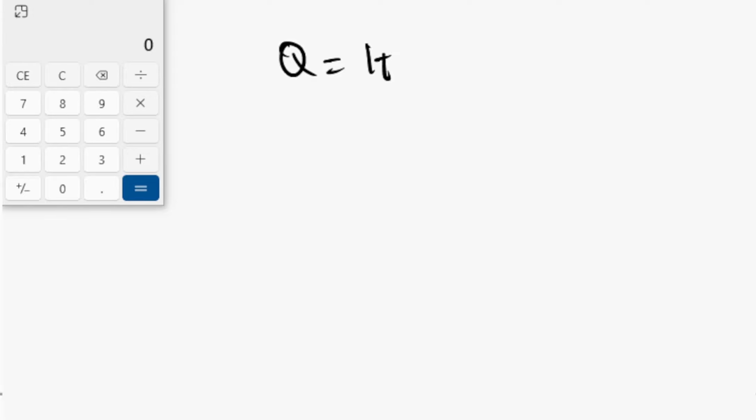So since we've established this, Q is equal to IT, we want to find the quantity of electricity, which is Q. And already we have I and we have T. So I is the current, which is 0.4 amperes. And then T is the time. Remember that this time should be in seconds, but then we are given 1 hour and 20 minutes.